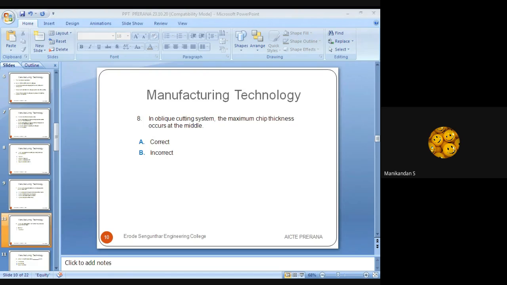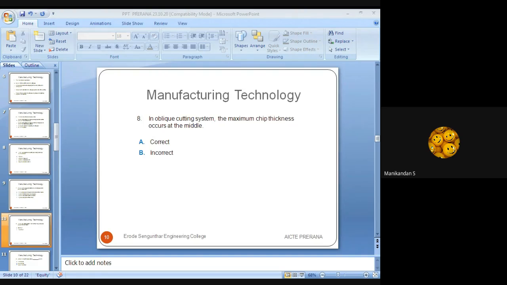In orthogonal cutting, that is 90-degree cutting, the chip thickness is at the middle, while in oblique it may be anywhere. There is no possibility of the chip thickness being maximum exactly at the middle. So the statement is wrong.